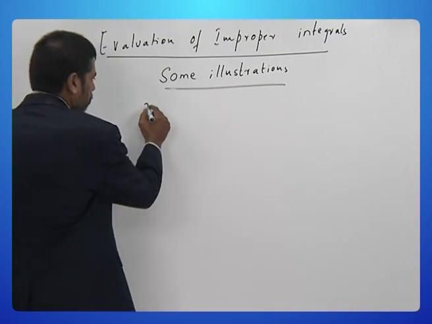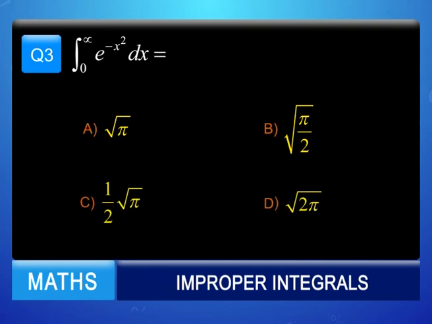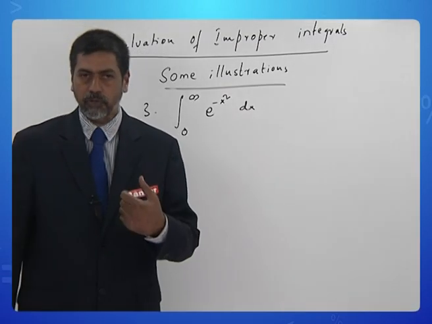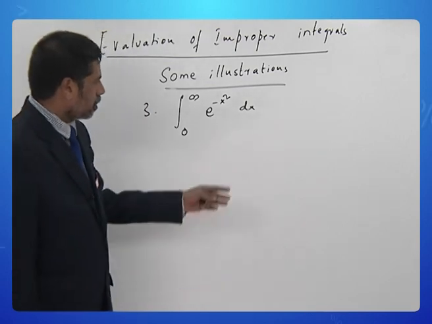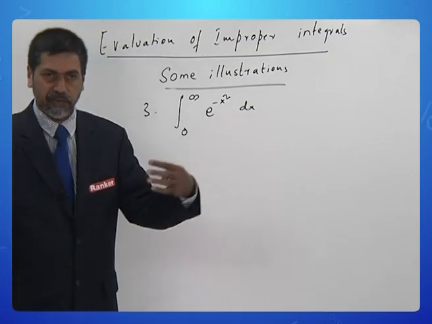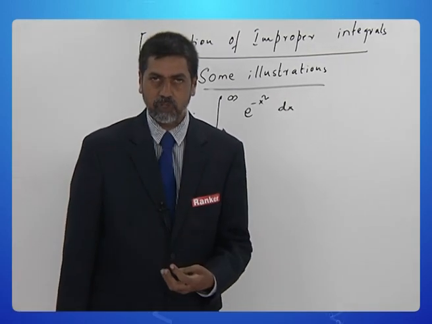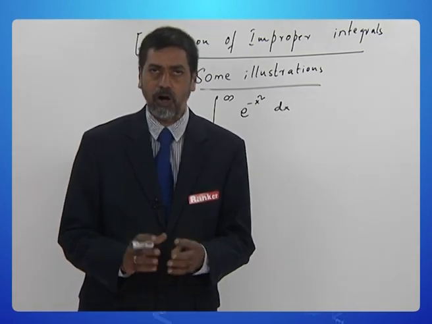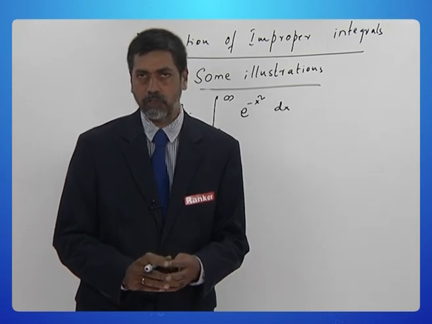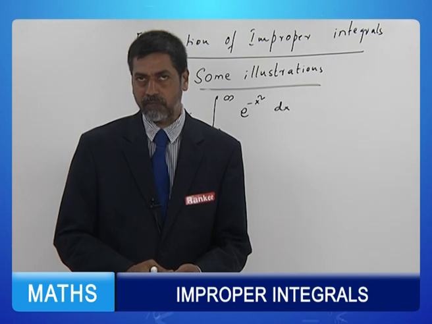In this problem, we have an improper integral 0 to infinity e power minus x square dx. So e power minus x square is definitely a decaying function, but exact methods do not exist. So we'll have to either go towards special functions like gamma or beta, or we go towards Laplace transform. Both approaches are available. Let us say we want to do it by the Laplace transform approach.